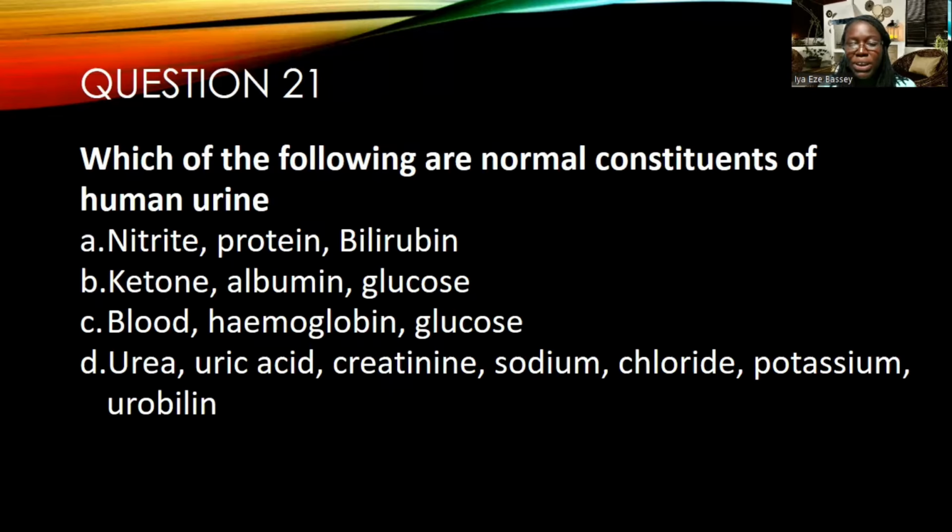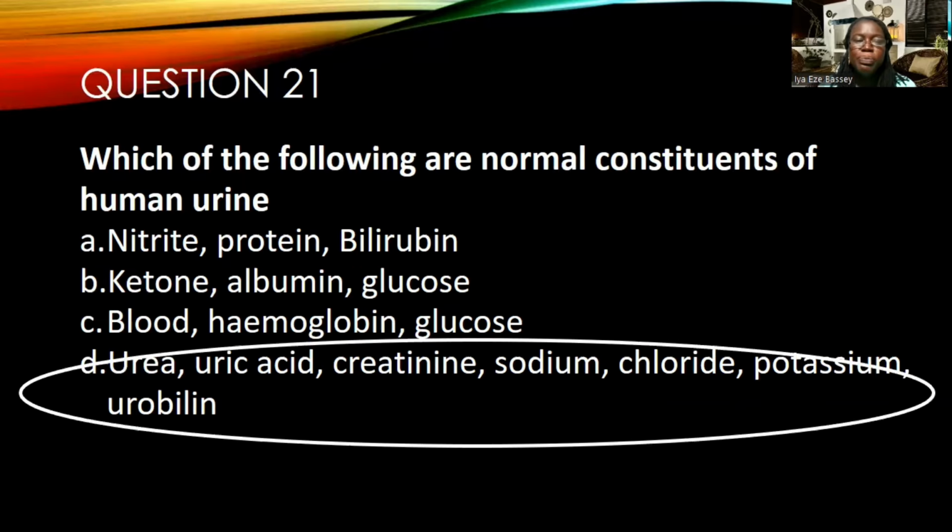You shouldn't see blood in urine. You shouldn't see hemoglobin in urine unless there's a problem. And glucose is a no-no. So that also is abnormal. So the normal constituents will be urea, uric acid, creatinine. These are all nitrogenous waste. Inorganic salts of sodium, chloride, potassium, pigments like urobilin, urochrome, and co. These are the normal constituents of urine.